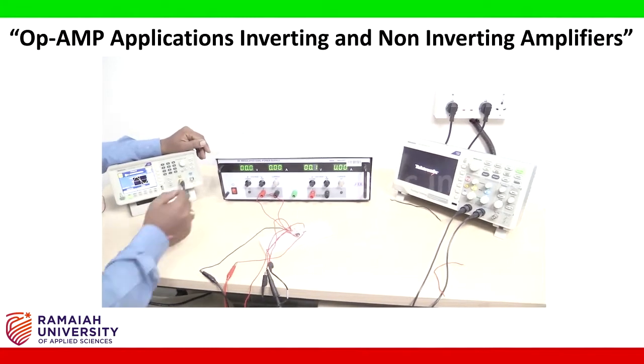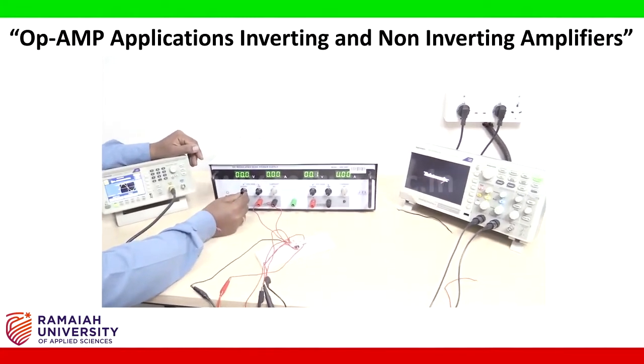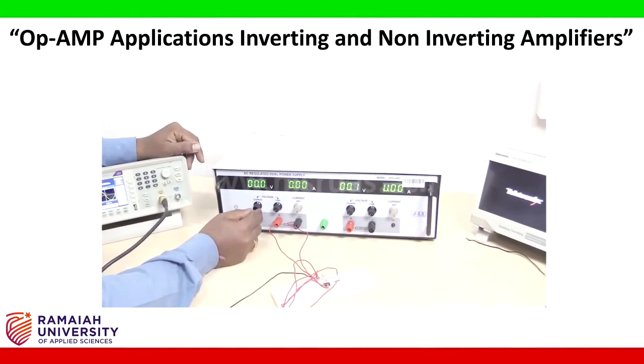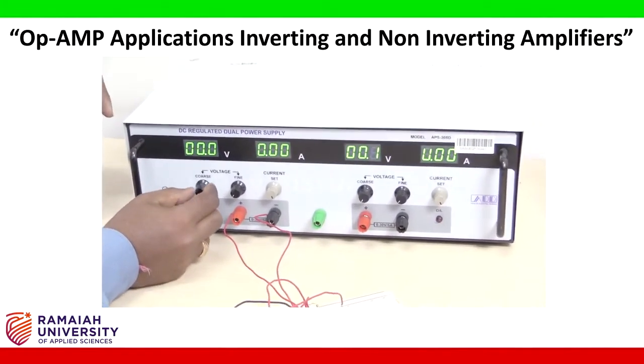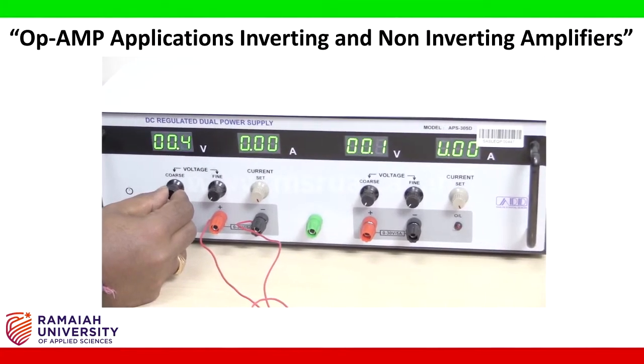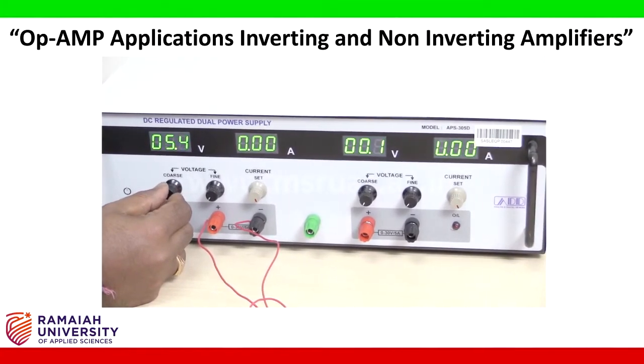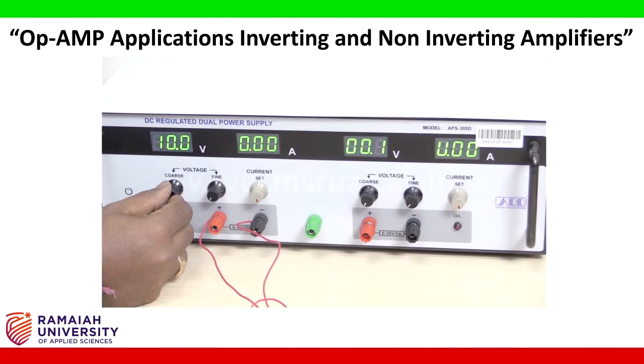And you put the voltage to 12 volt, because it's the saturation voltage that will be given to the IC MU741. Based upon the data sheet we are given this 12 volt.